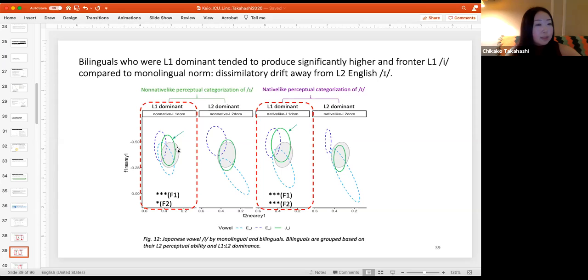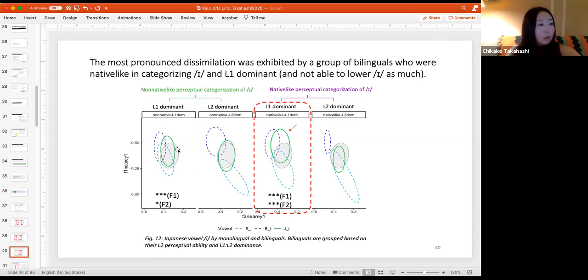We also noticed that bilinguals who were L1 dominant tended to produce significantly higher and fronter L1 E as compared to the monolingual norm. And we believe this is a dissimilatory drift away from L2 English I. We believe this is a case of dissimilation away from English I because it correlates with the L2 production acuity subgrouping results we saw earlier.